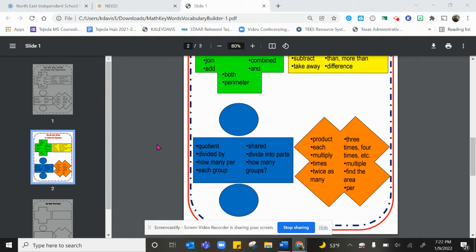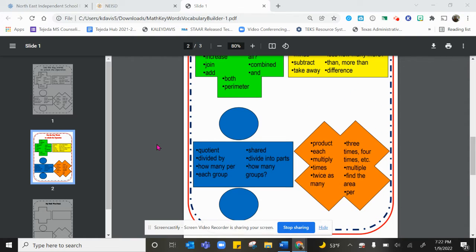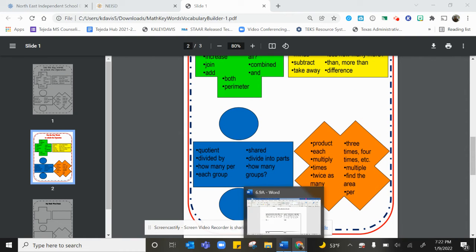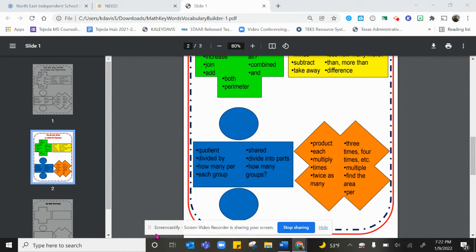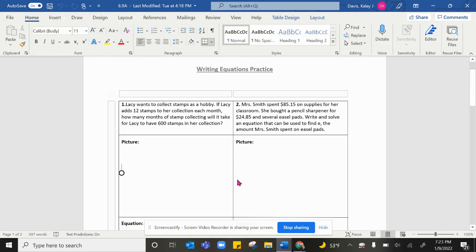So now let's start taking a look at some of the word problems. When you have a word problem, read through it. Number 1 says, Lacey wants to collect stamps as a hobby.